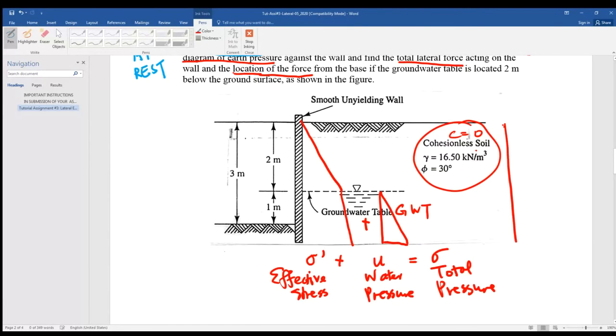It should give you the total pressure, right? Sigma dash, and you got the U, and that's the total pressure.